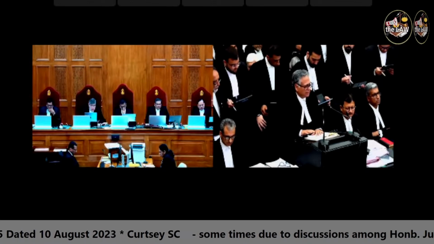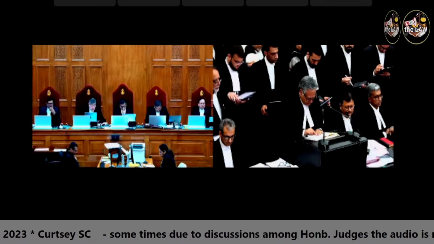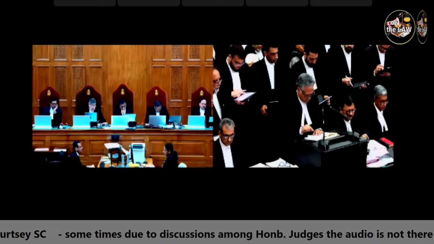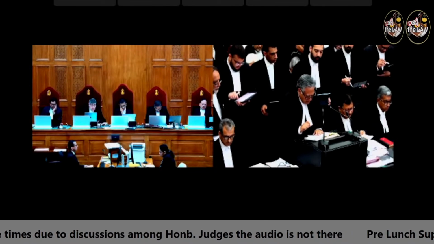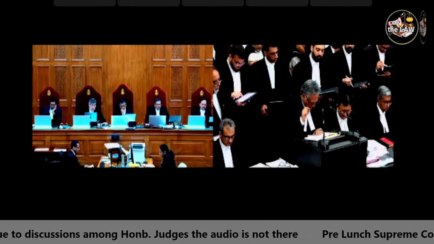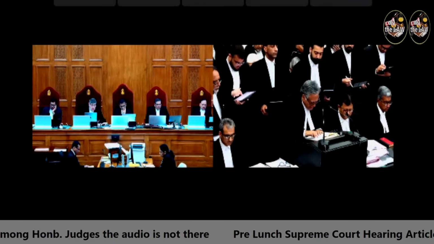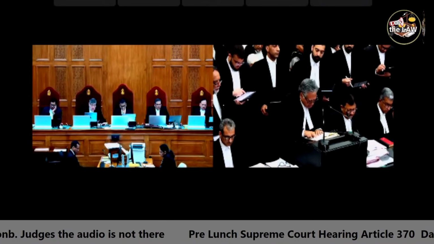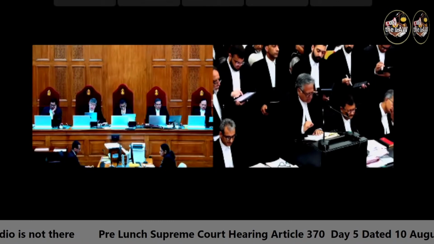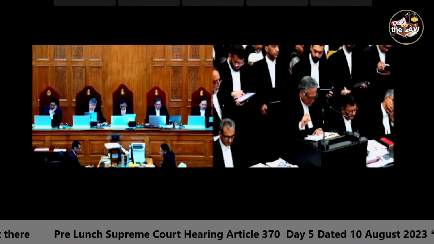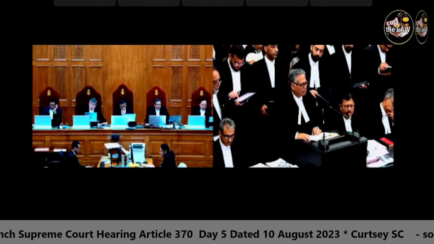Now pause here. In simple language, it says that if what is mentioned in the instrument of accession, somebody will have to agree that the entry mentioned in the instrument of accession corresponds to any of the matters in the union list or concurrent list, and the President of India is to declare that such an entry corresponds to that list, then only the dominion legislature will have the power to make the law.